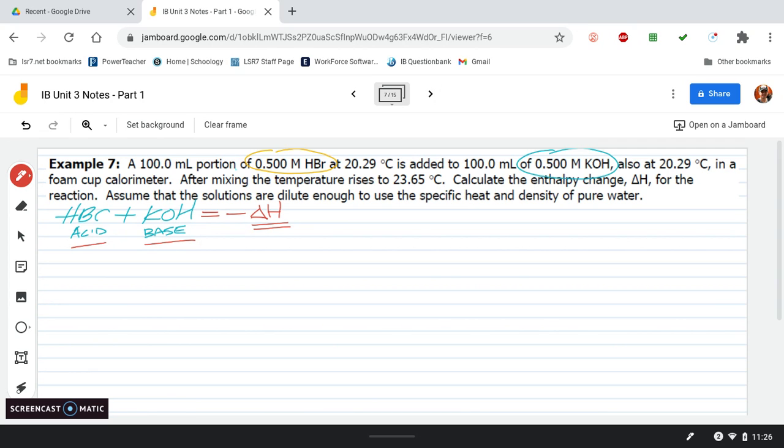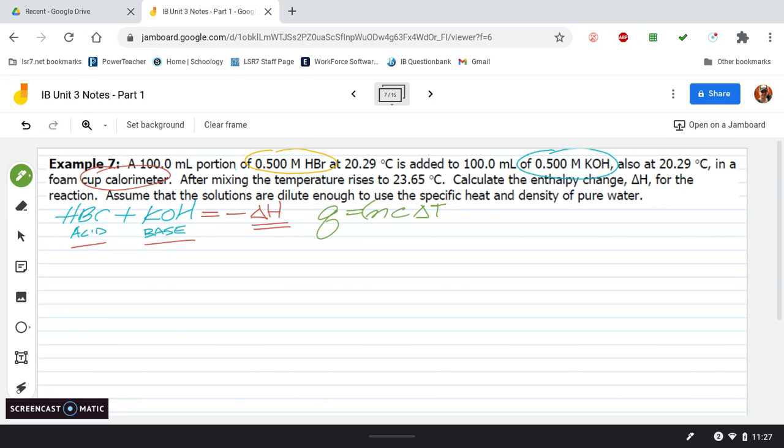Right, now, it says that this is done in a foam cup calorimeter. All right, well, if you do something in a calorimeter, then we know that we're going to use a certain formula, and that formula is Q equals MC delta T. All right, so there we go.